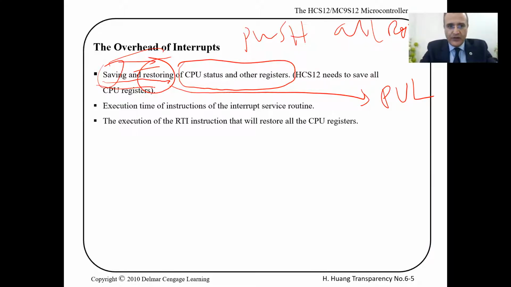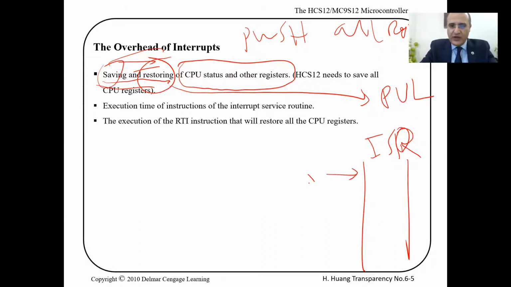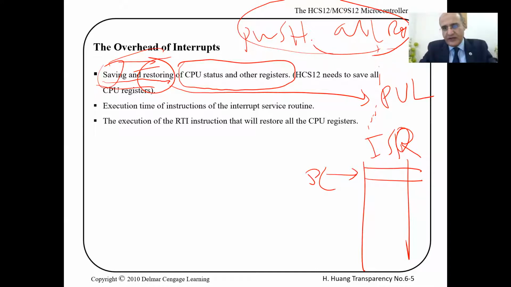Then, when you're there, your program counter is at the interrupt service routine. Before you get your program counter pointing here, you had a bunch of pushes to store the CPU status. You send your program counter, you execute. The last instruction in the interrupt is called return from interrupt.